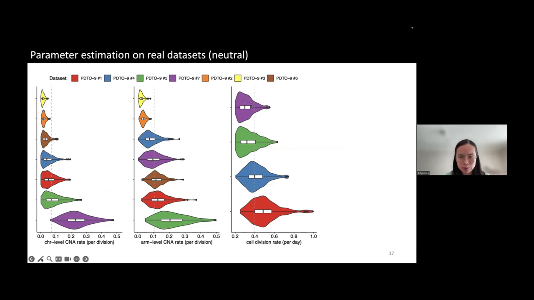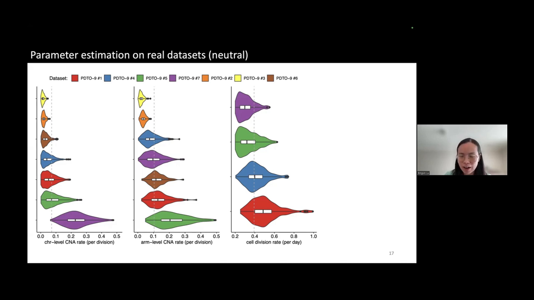In addition to the 4 data sets with cell image trees, we have 3 other data sets with just single cell sequencing data, so we only infer their CA rates. If we add up the chromosome level and arm level rates, we can get the total CA rate, which is about 0.2 per cell division, which means 1 CA per 5 cell divisions.